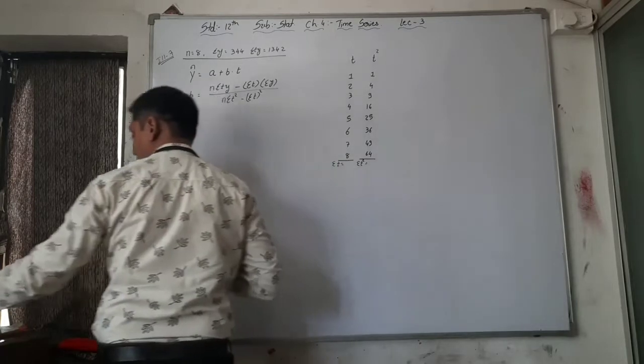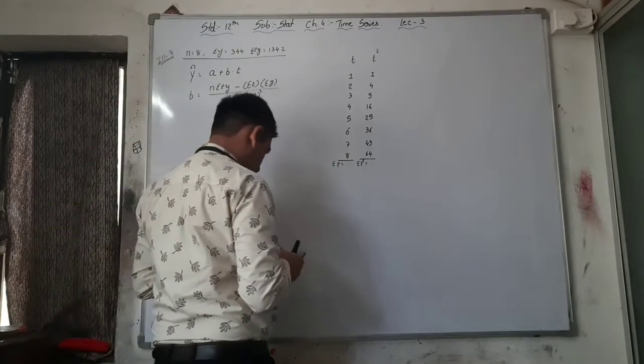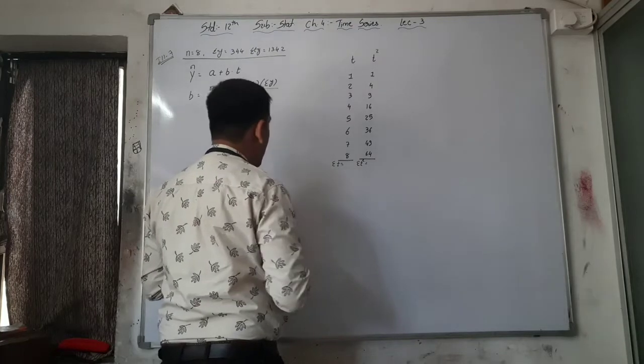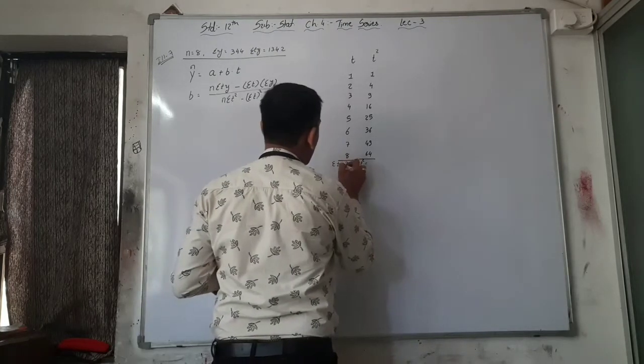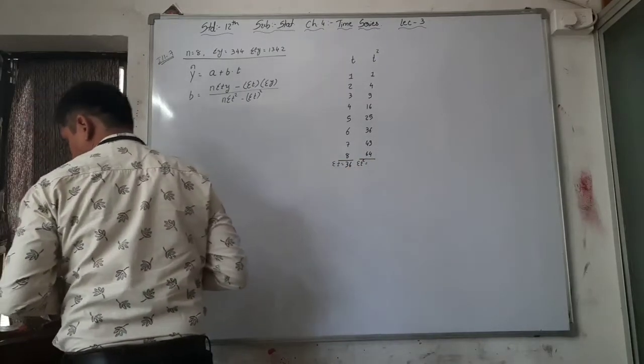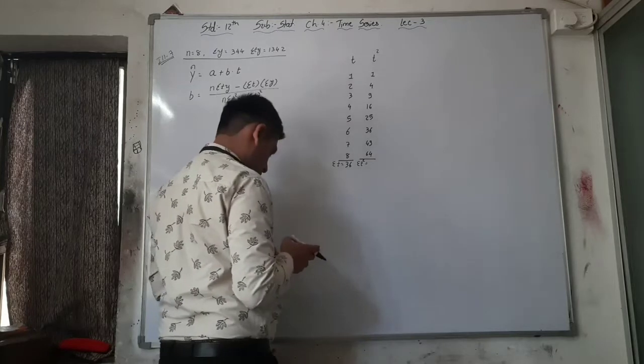Now, what is the total? 1 plus 2 plus 3 plus 4 plus 5 plus 6 plus 7 plus 8 is 36. Here sigma t is equal to 36. Now, what is the total of the squares?